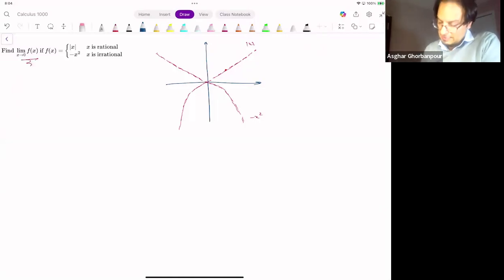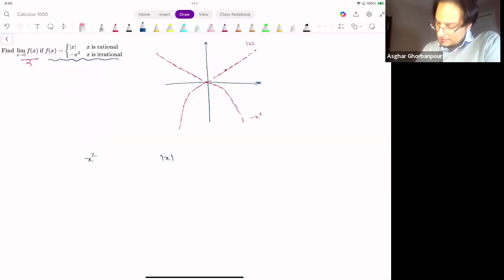I can see f of x is a piecewise defined function, yes, but it has either values absolute value of x or values negative x squared. I know that absolute value of x is bigger than negative x squared.